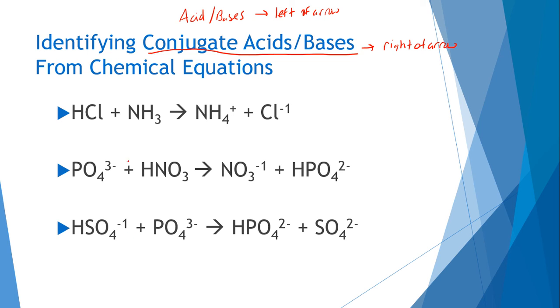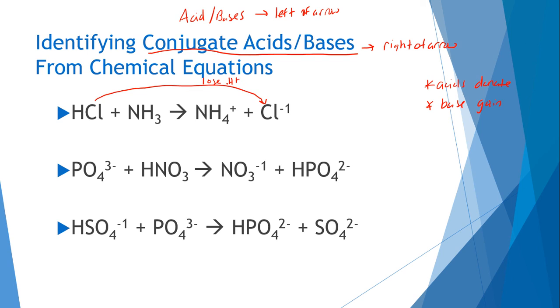So you have to look at your reactants and see what happens to them. So here, if I have HCl, notice that my HCl, in order to get to Cl -1, has to lose a hydrogen. So if I look at my definitions, acids donate, bases gain.